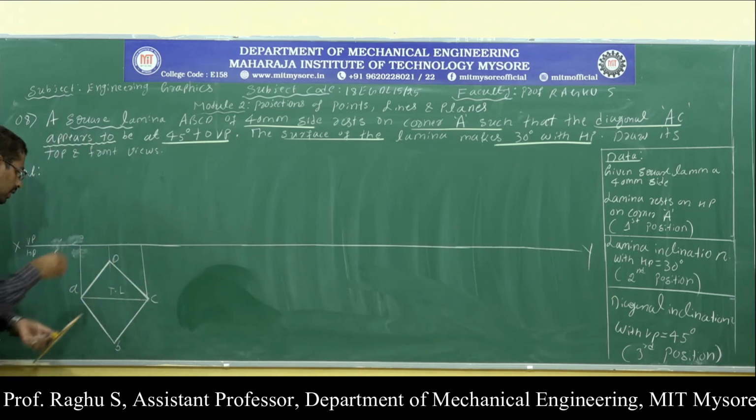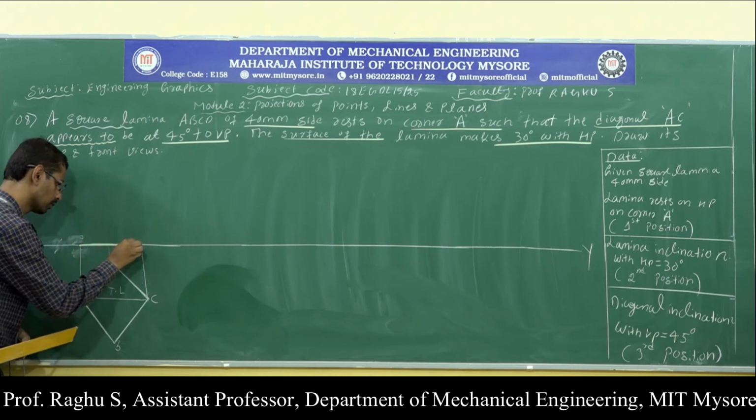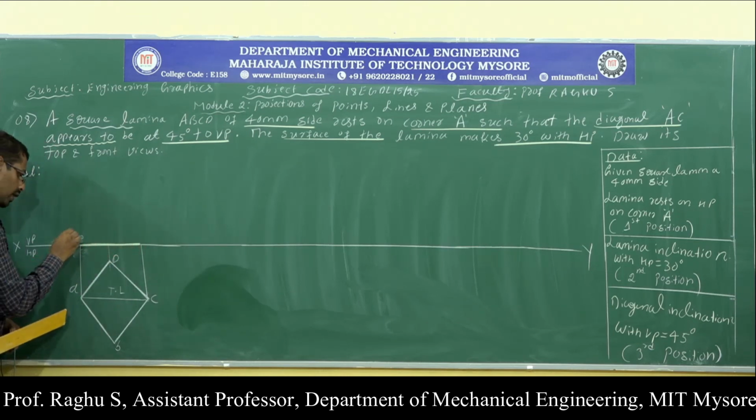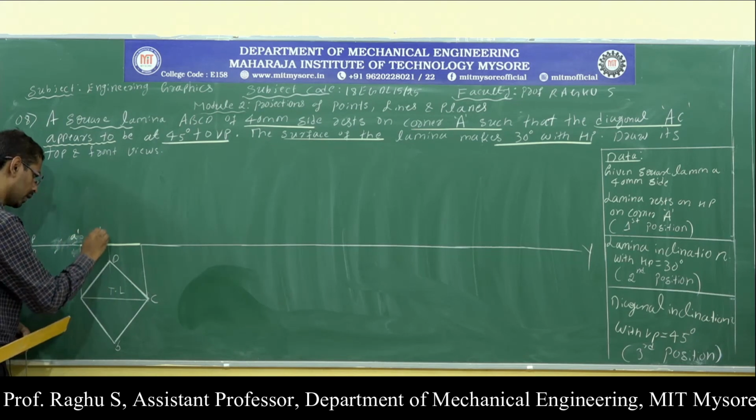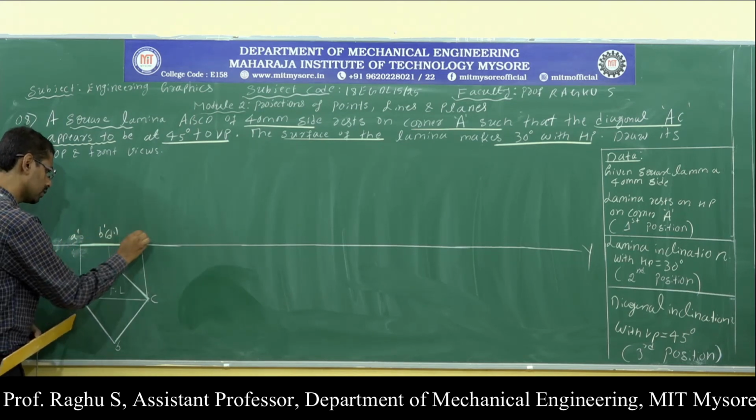Now, the gap between these two lines represents the front view. So, naming A dash, B dash visible, D invisible and C.